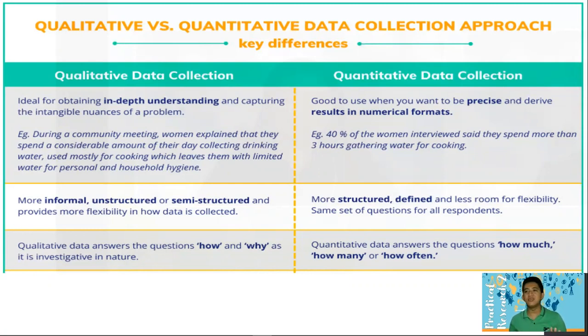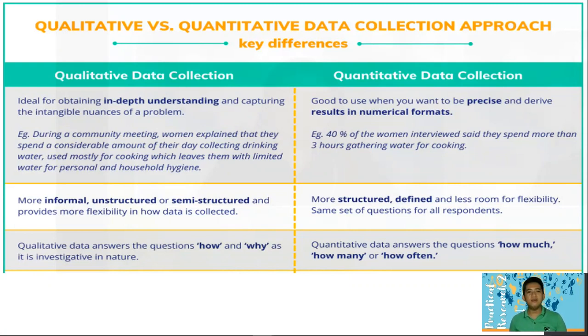You see the difference. Now, the qualitative is more informal, unstructured, or semi-structured, and provides more flexibility in how the data is collected. You can talk to someone on the side, just have a conversation, and record everything that you talked about, and that's how you collect the data.